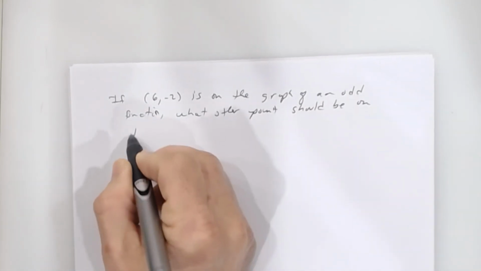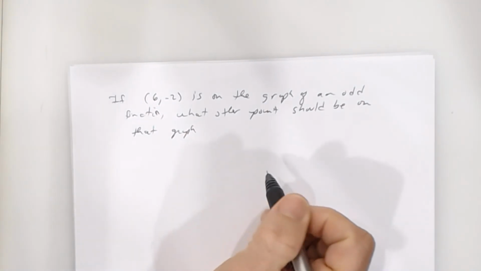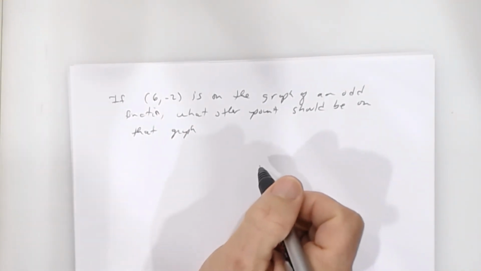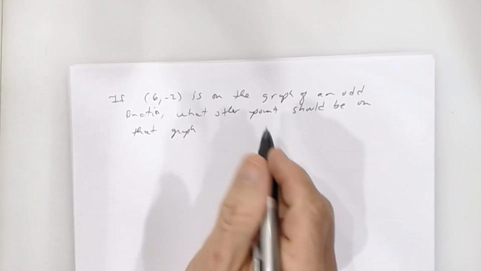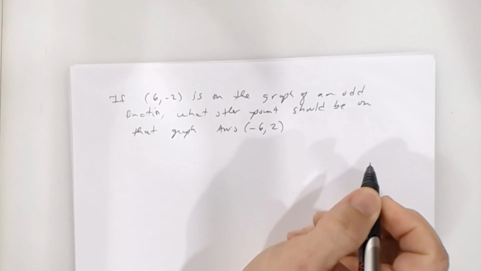Negative 6, positive 2. All right, so since this is an odd function, the x coordinates become opposites and the y coordinates become opposites. So the answer is negative 6, positive 2.